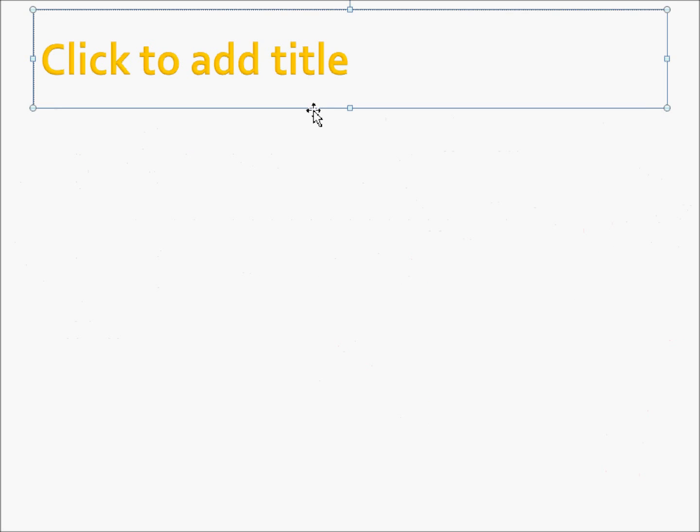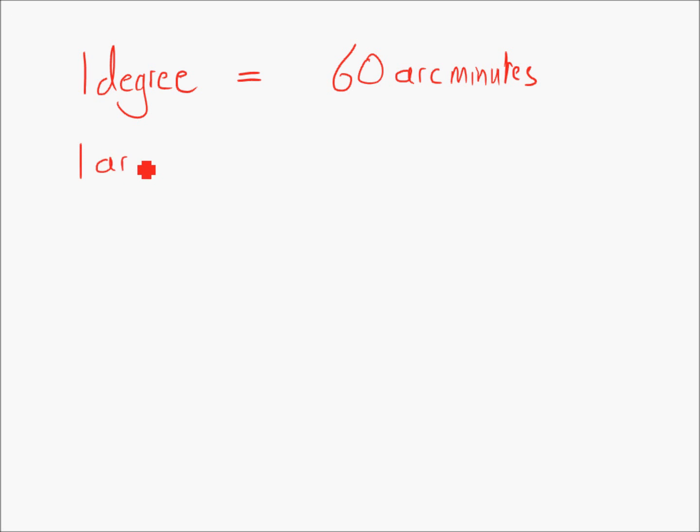So these are sub-angle measurements, and the way that we do this is that we split 1 degree up, and we say that in 1 degree there are 60 arc minutes. So we're dividing a degree into 60 parts, and we can split that down again, and we say that each arc minute contains 60 arc seconds.